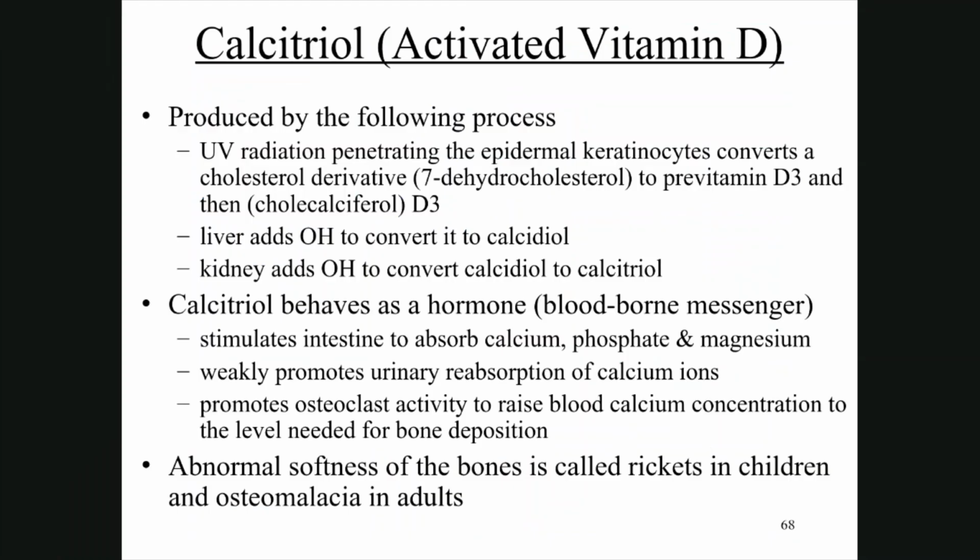And the absorption in the small intestine depends on vitamin D. I'm not going to go into detail on the processes involved in making vitamin D, which really starts out with cholesterol, gets modified through the skin, and then the kidney further modifies it.